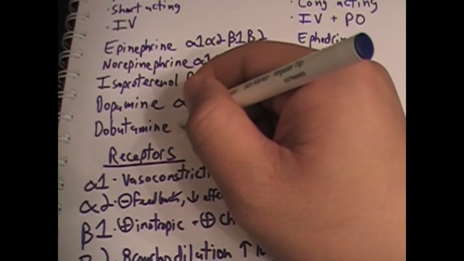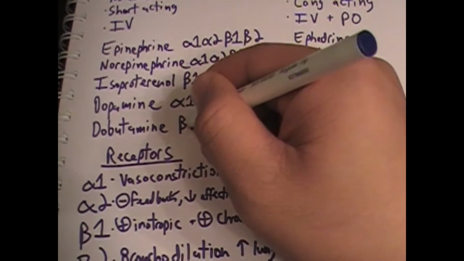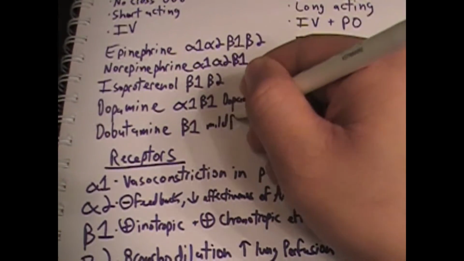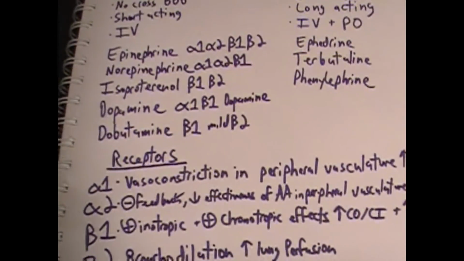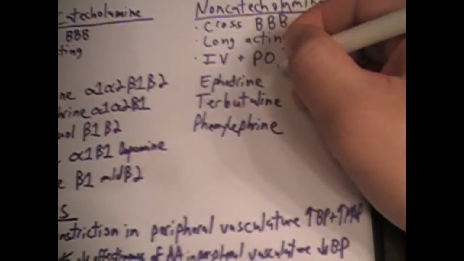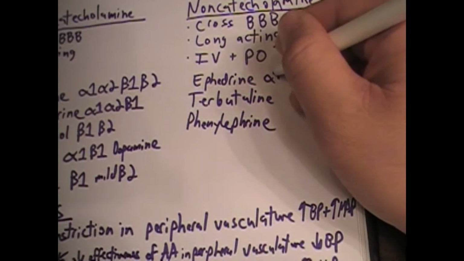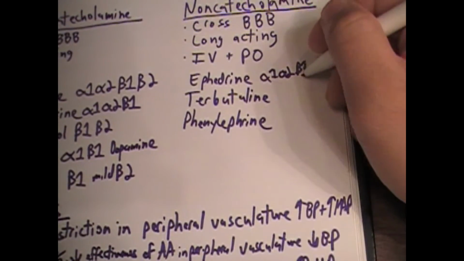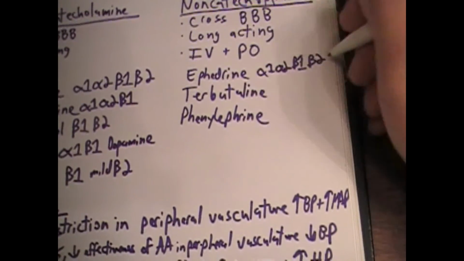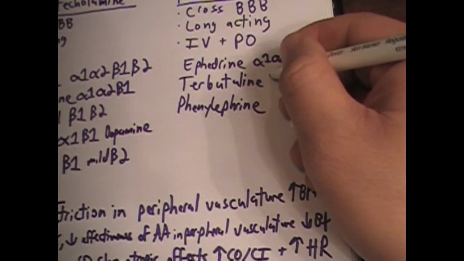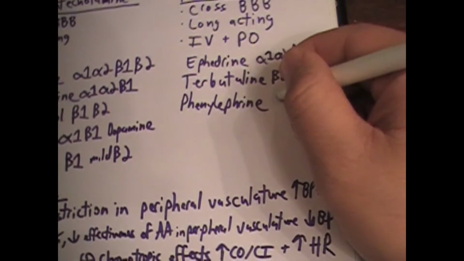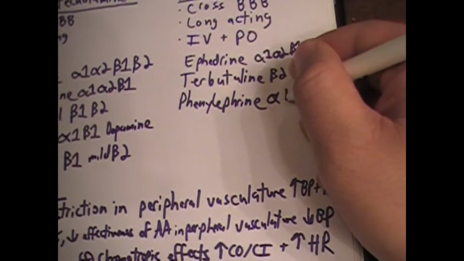And then dobutamine will have beta 1 and then mild beta 2 agonization. Now for ephedrine, we have alpha 1, alpha 2, beta 1, beta 2. Terbutaline will be beta 2. Phenylephrine will be alpha 1.